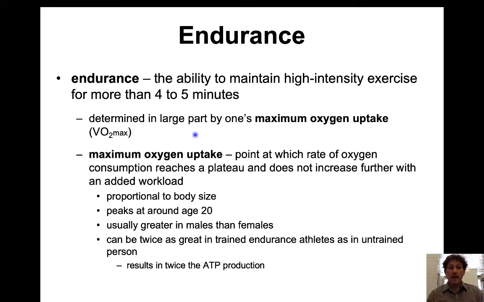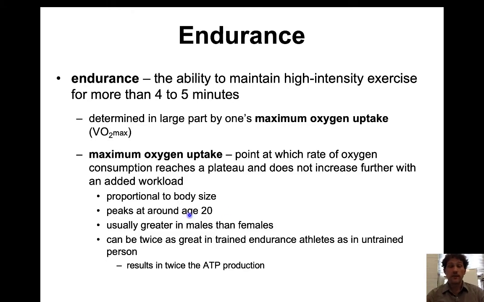So what is that? That is the point when the rate of our oxygen consumption is plateauing out, and you can't increase it anymore. So you're at your maximum amount of oxygen you can take in, and it is proportional to your body size. It does peak around age 20.